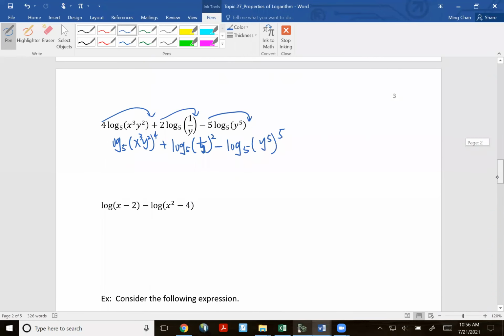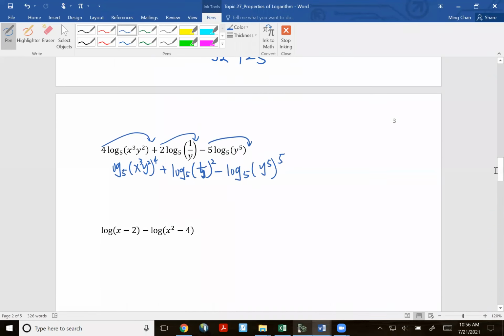But here, does this middle term go with the last term or the first term? This middle term, I know it's positive.